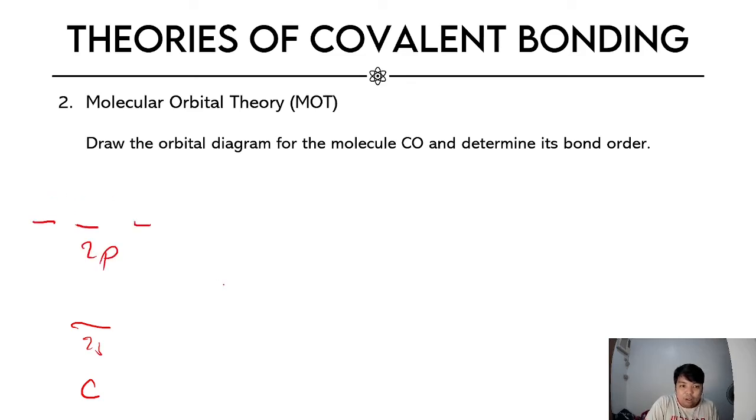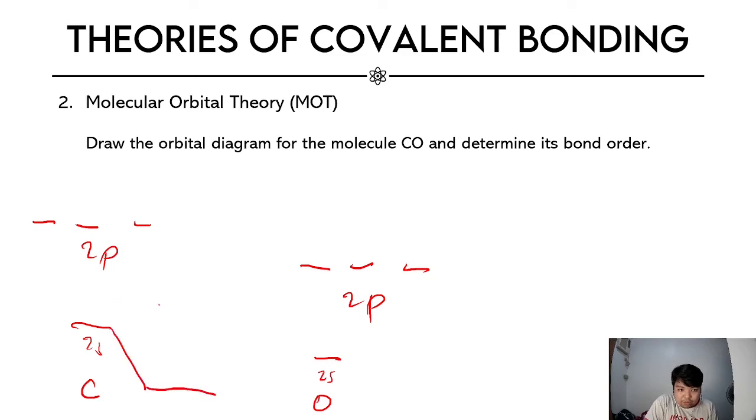Since oxygen will stabilize its atomic orbitals more due to its higher nuclear positive charge, the 2s of oxygen will be lower in energy. So the 2s of oxygen will be lower in energy. I hope you can notice the difference. Same goes with the 2p.